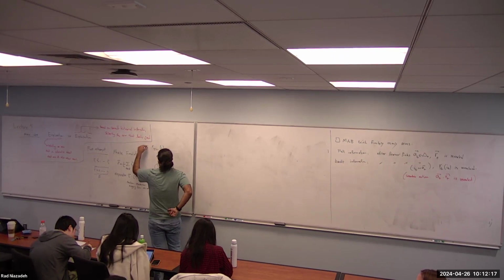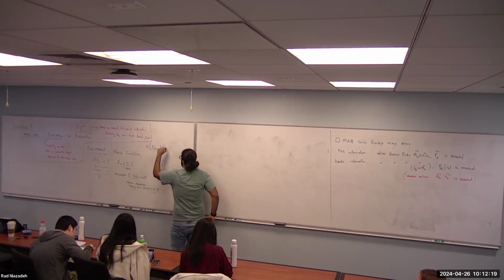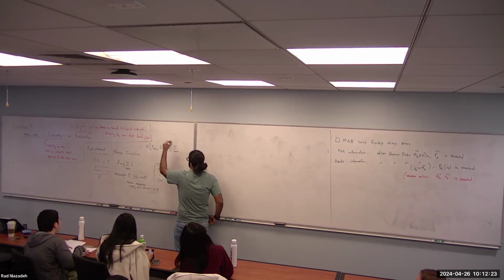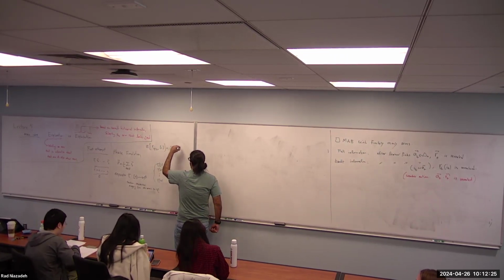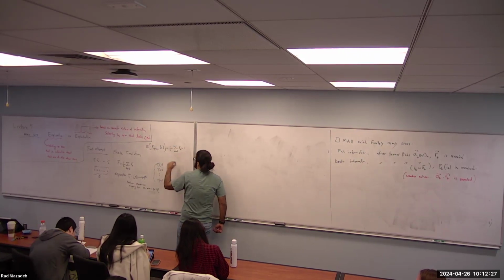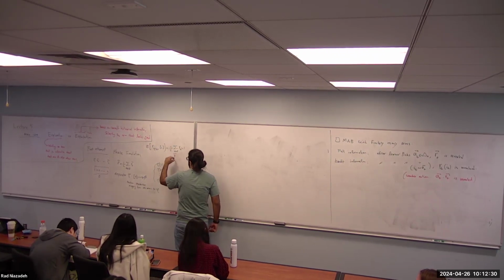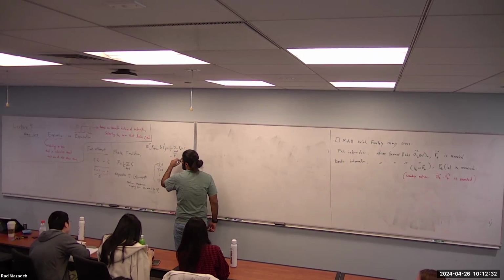Then the expectation of this random variable would be 1 over L times the summation over t in phi of R_t^i, and that's essentially the R bar at coordinate i.